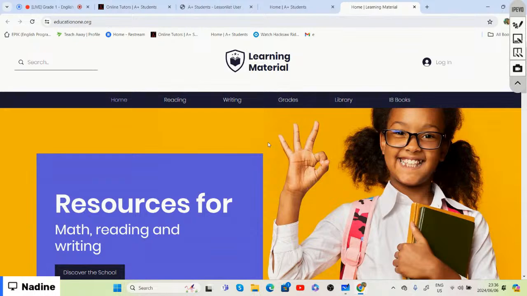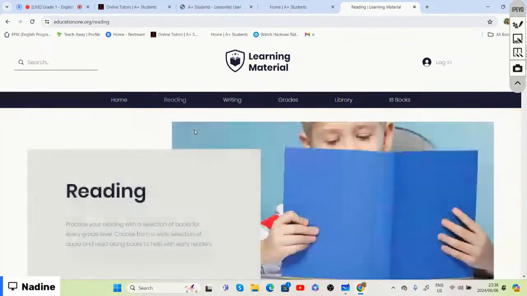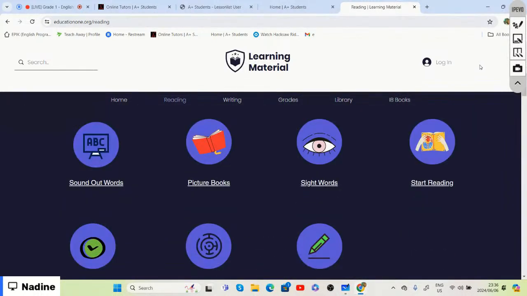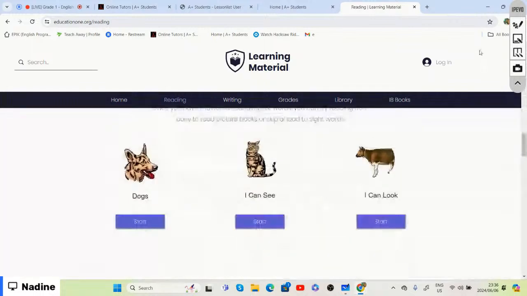All right, so once we are within A Plus Classes, we go to reading, and then we're going to scroll right down until we get our four beautiful purple boxes.